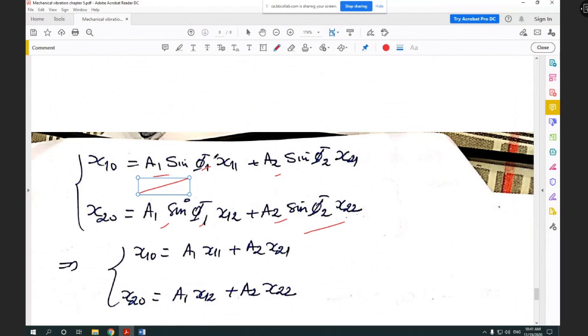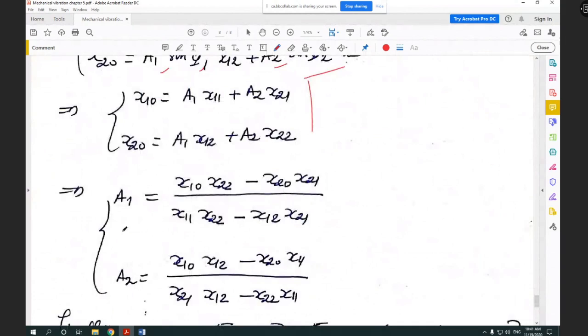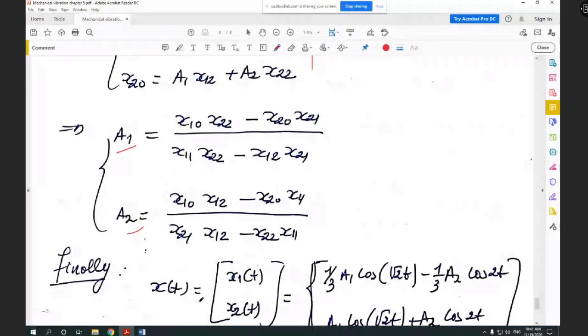We substitute phi 1 and phi 2, and we finally obtain a very simple system from which we can determine the constant A1 and the constant A2. Here you can identify that the constants A1 and A2 are obtained from the initial positions.